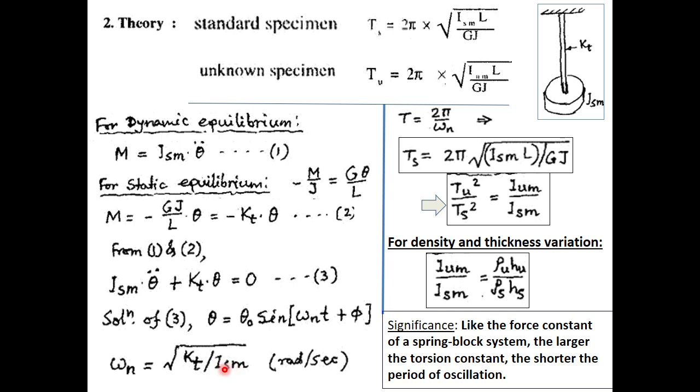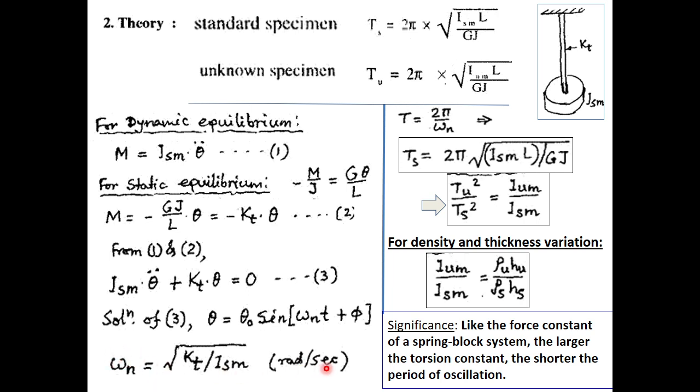Is this clear? Yes, sir. What is written here is basically the square root of that quantity. And this natural frequency is the angular velocity of the oscillation.